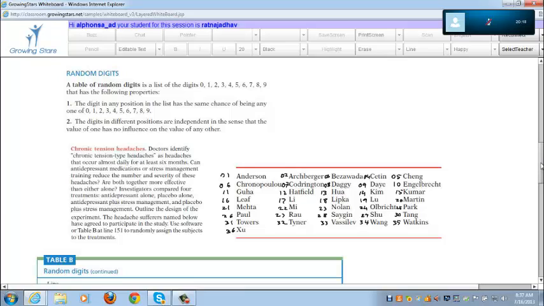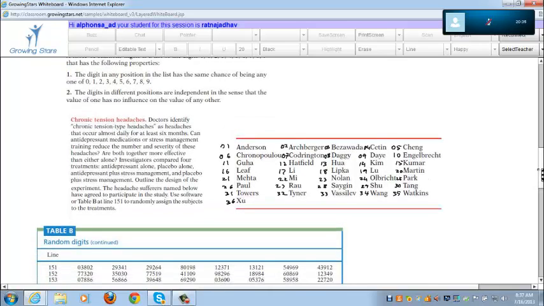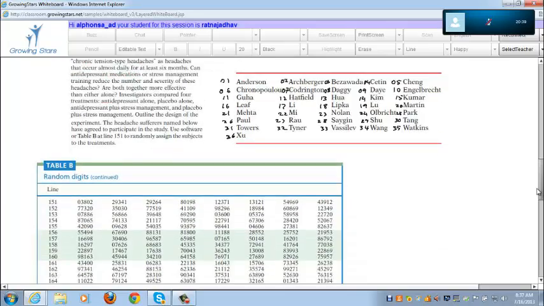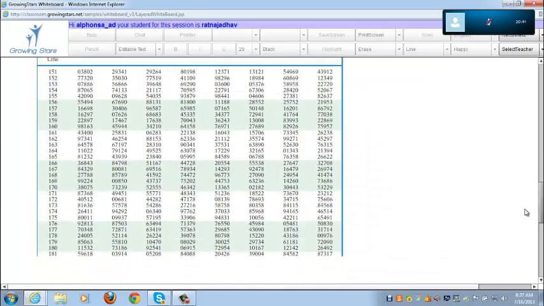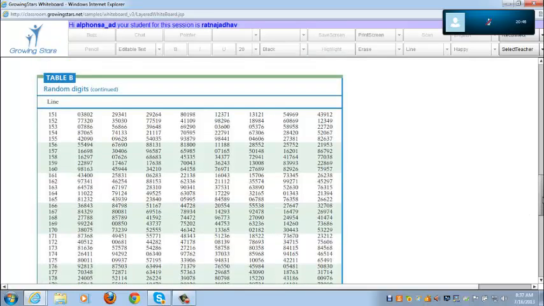Are you looking at table B, random digits? Yes, one page goes till 150, and the next page starts at 151. The back of the page is the T distribution critical values table D. I think the book missed a page because I don't see a table C. Yeah, okay, we'll use this.